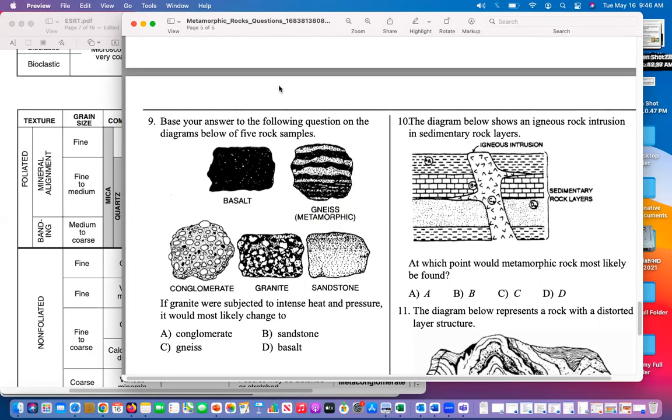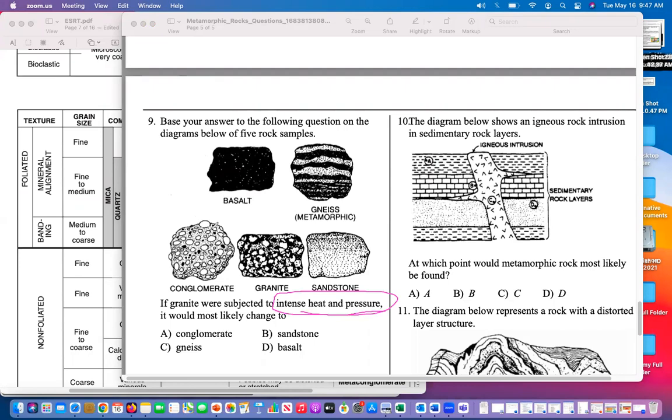So automatically, I know that if it goes through heat and pressure, it has to be a metamorphic rock. So I'm going to find out which rock is a metamorphic rock.